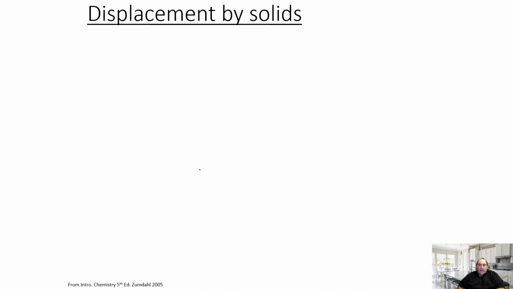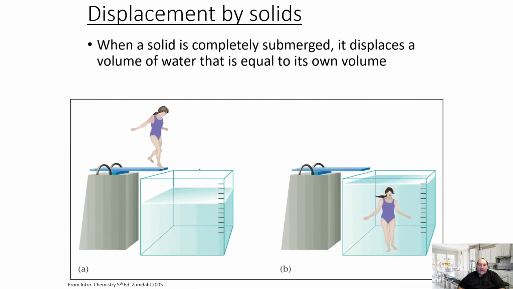Let's talk a little bit about how we can get volumes. We've talked about a couple different ways that you can get volumes here. One way is very simply, you can just take a volume reading. So if you take something in a graduated cylinder and it's filled up there, you simply look at it and take a volume reading.